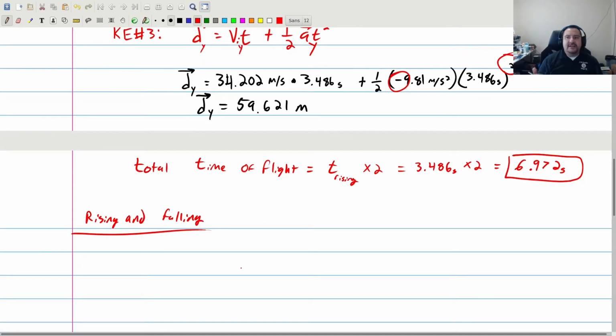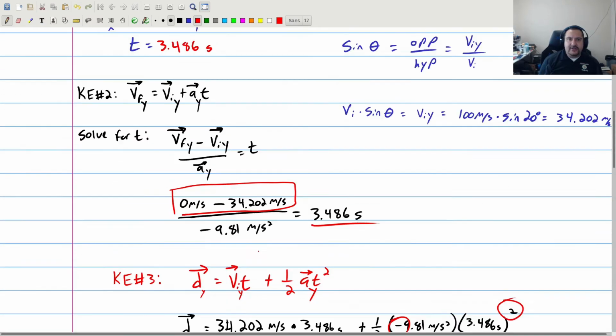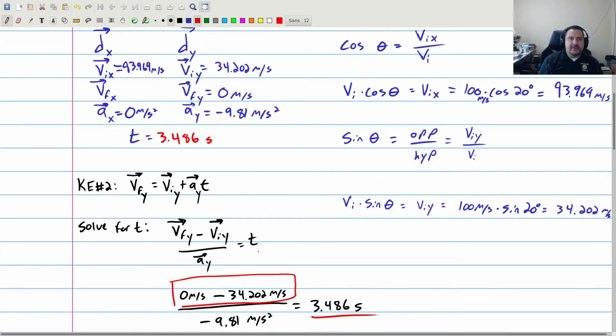So I'm going to use the total time of flight: t is equal to 6.972 seconds. I also know I'm going to use v initial x here. I have to go back and look that up. v initial x was 93.969.